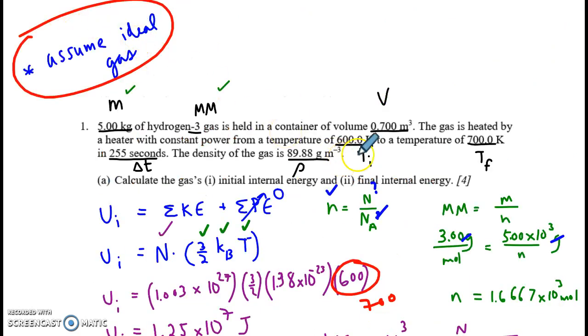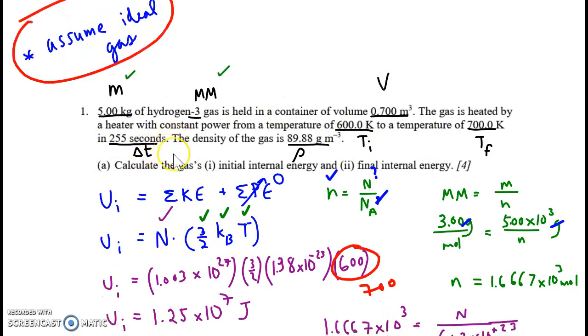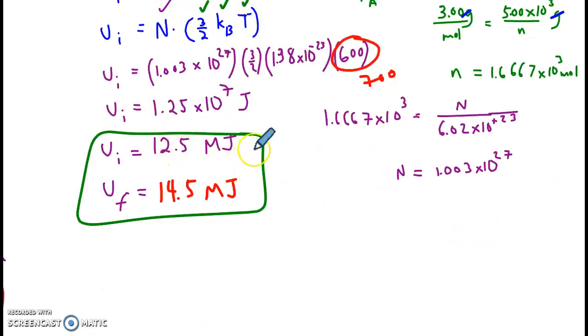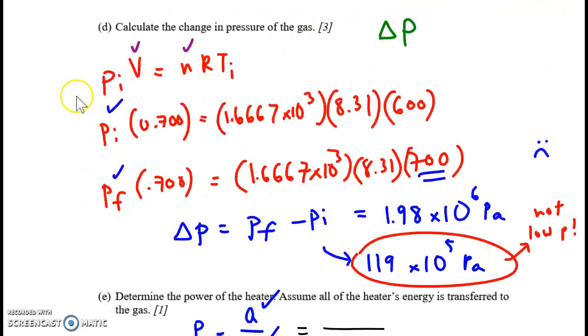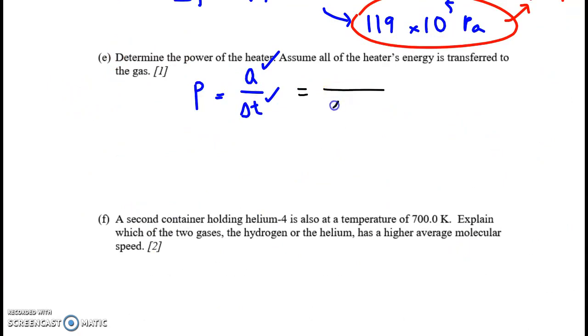Let's look back. The time was 255 seconds, and the delta U that we got was the difference between these two. So we plug in those values, 225 seconds. And the delta U was 2.08 times 10 to the 6.